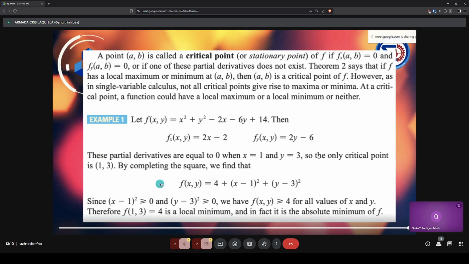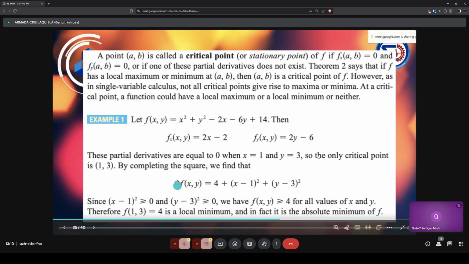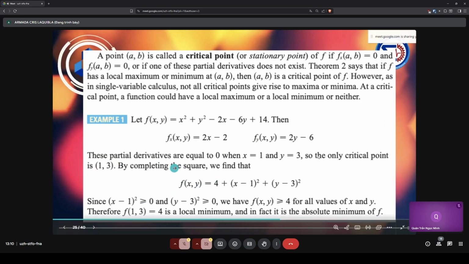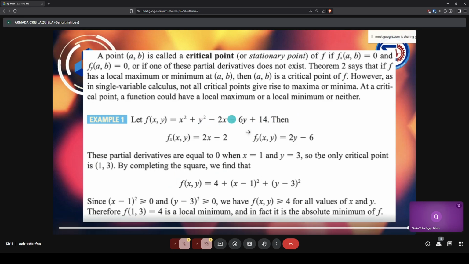You have to apply that so that we can determine if it's a local minimum or local maximum. So in that way, we are very sure with that one. Here, since we can do completing the square, we can do this. By the way, some of the functions cannot be formed like this. You cannot form it like completing the square. That is why we use that second derivative test later.